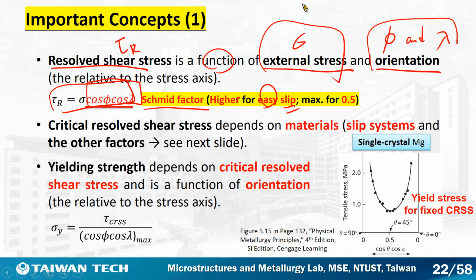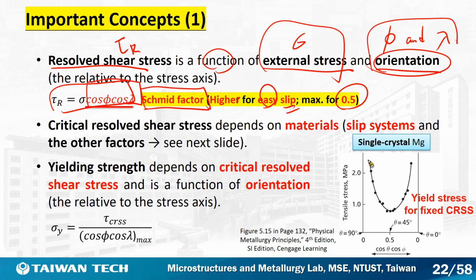So the Schmid factor is about the orientation, to let you know whether the orientation of your structure is easy for slip or not. And the maximum value would be 0.5 here.